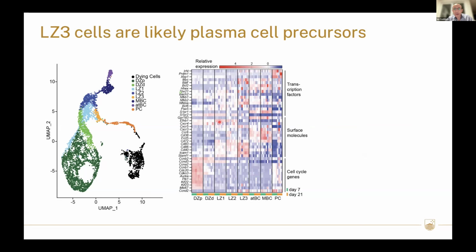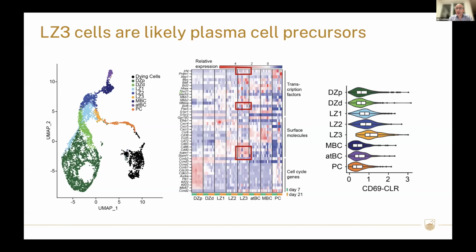Those cells are characterized by the loss of BCL6, the beginning of the upregulation of IRF4, and an upregulation of CD40 and ICAM1. And sure enough, we're able to show that our LZ3 cells very much look like these fraction 1 cells. And more than that, by using the surface staining, the CITE-seq approach, we're able to see that these cells had begun to upregulate CD69.